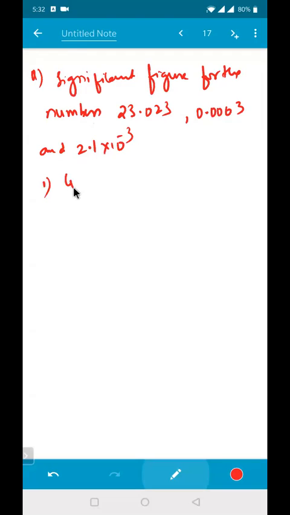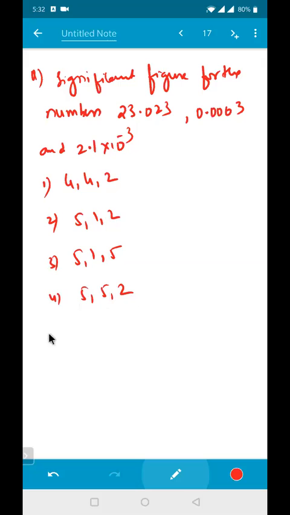So the first option is 4, 4, 2. Second option is 5, 1, 2. Third option is 5, 1, 5. And the fourth option is 5, 5, 2. See faster. So what is the answer? Number of significant figures I need.